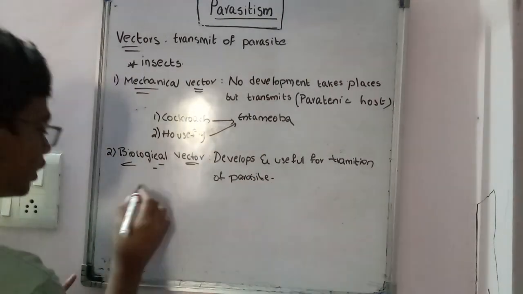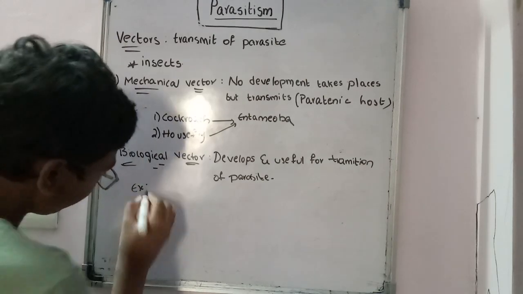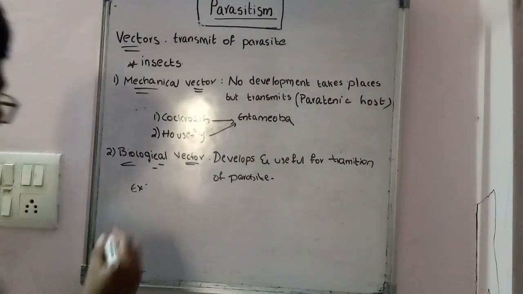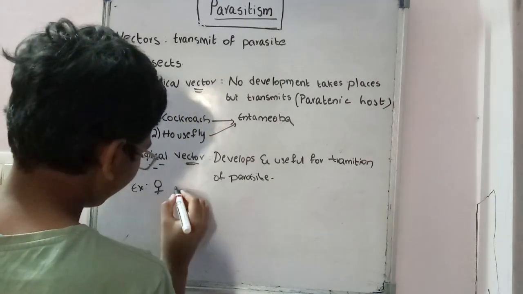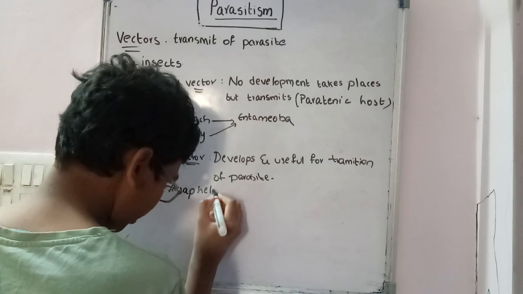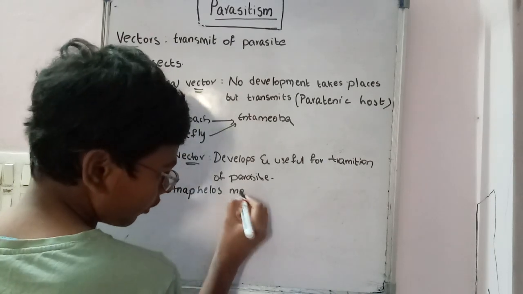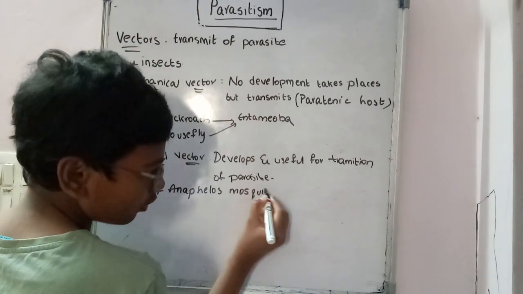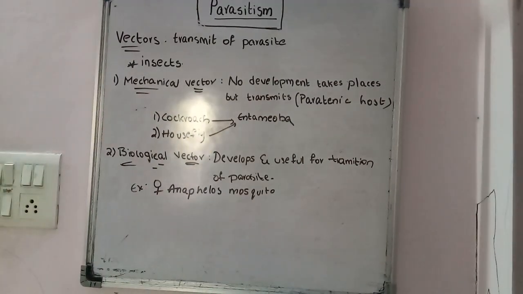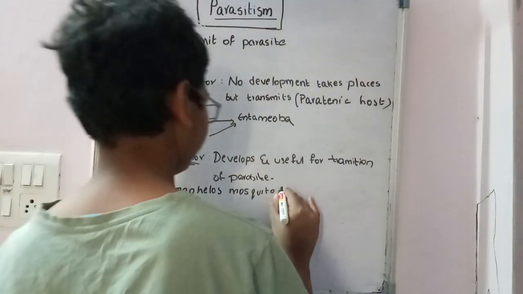Okay, so if you see the example, the example is the female Anopheles mosquito, and this is for Plasmodium.